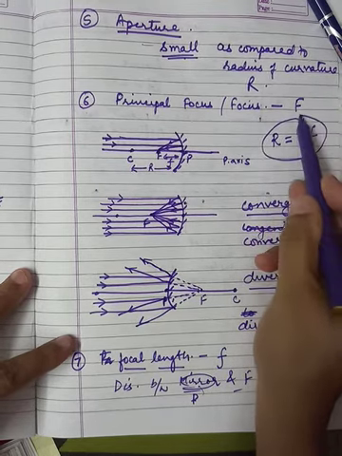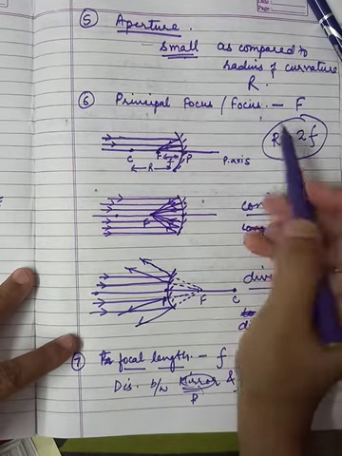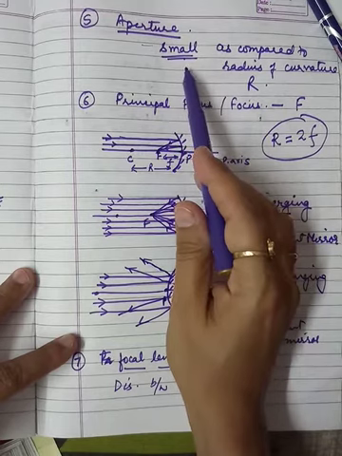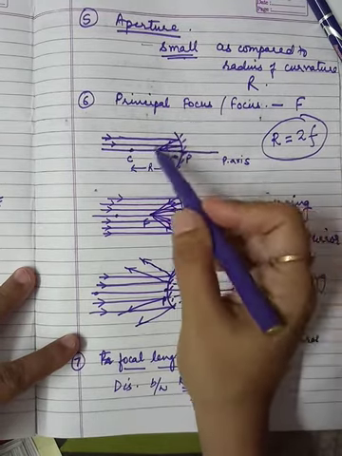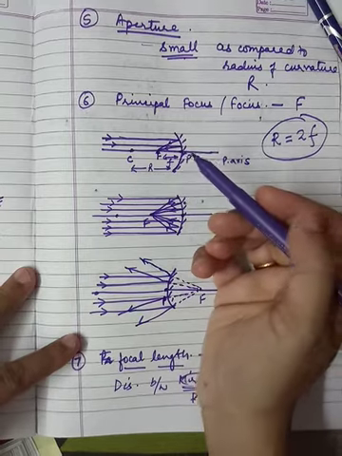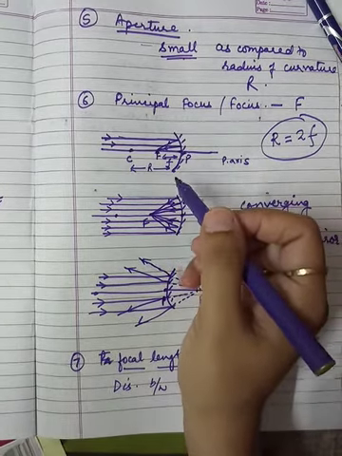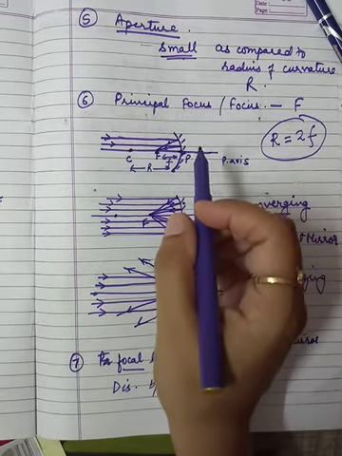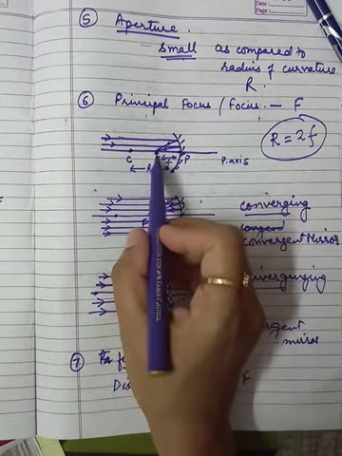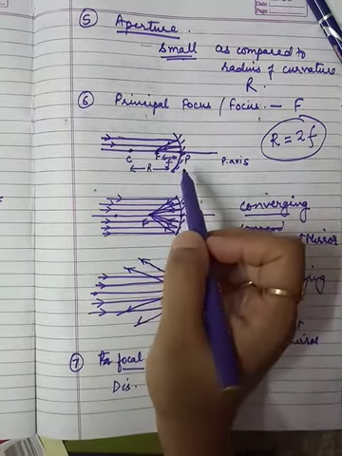This relation is valid only for small aperture mirrors. We can prove this relation when we understand image formation. For now, we will always consider that F will be the midpoint of C and P.